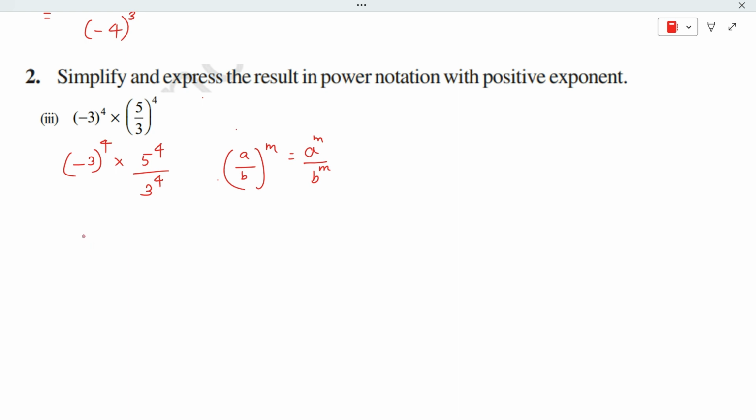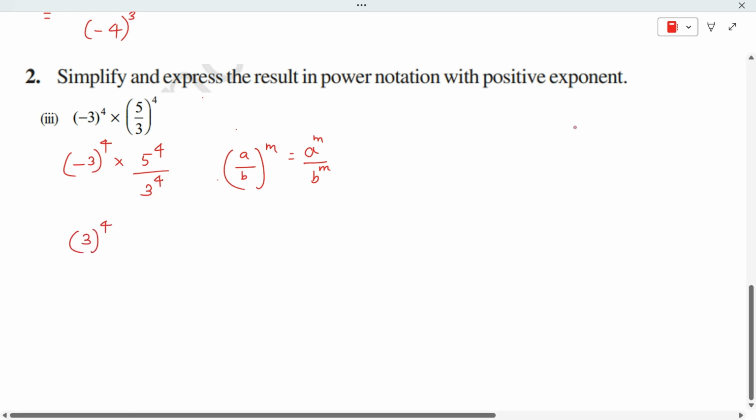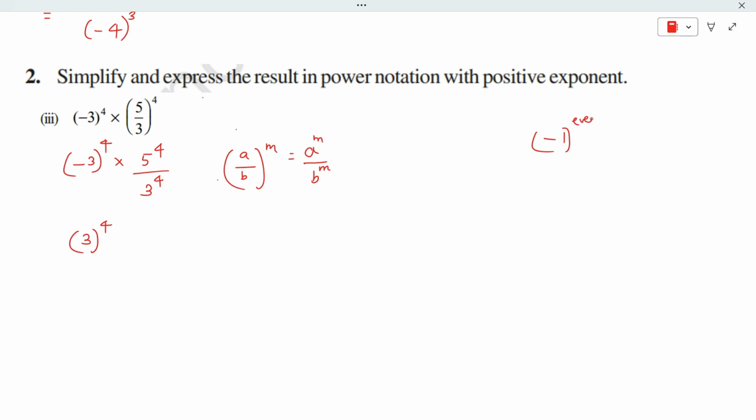Minus 3 the whole power 4 is nothing but 3 to the power 4. Do you agree? As I explained earlier, a negative number to an even power is always going to give a positive answer, isn't it? So minus 3 to the power 4, here the power is even, is going to give the answer as positive 81.